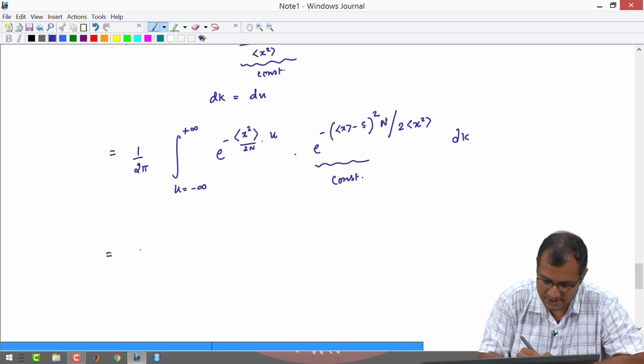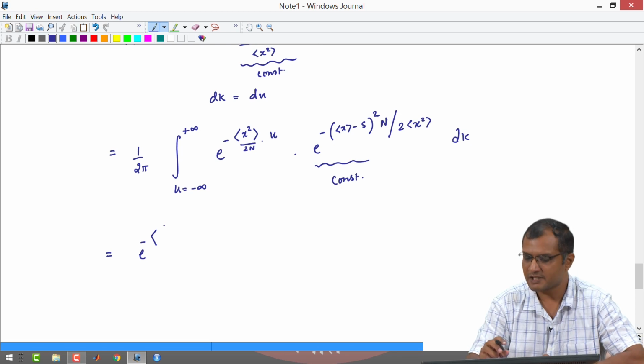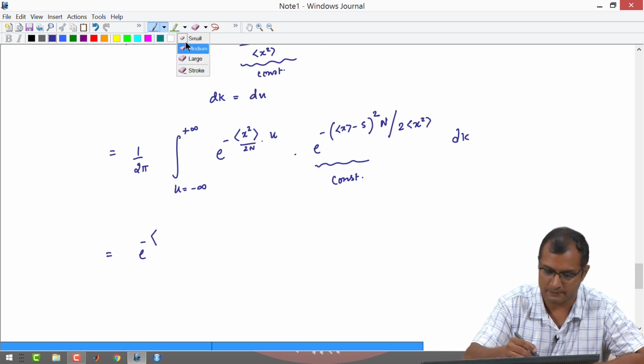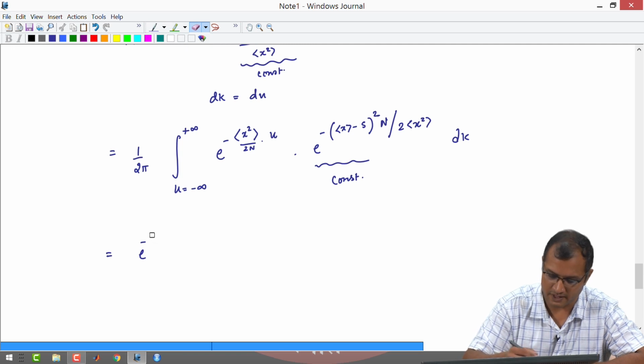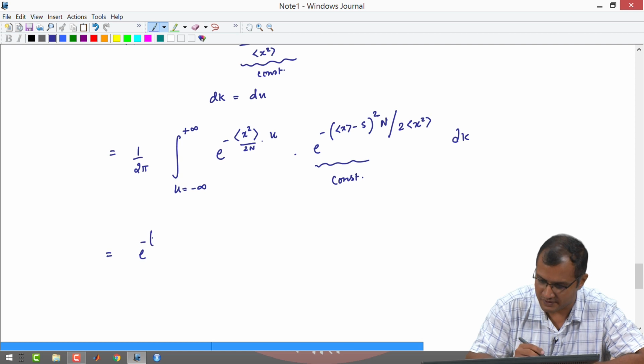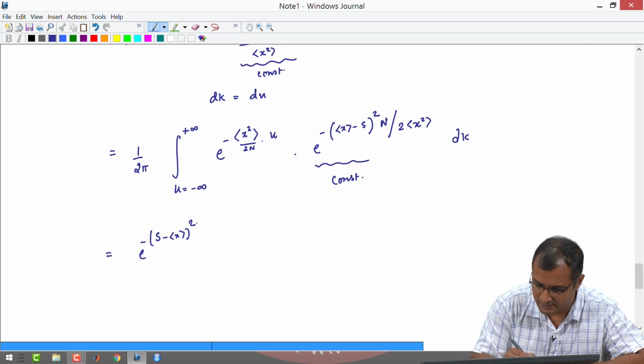So what I will have is basically e raised to minus, and I can write down mod x minus s the whole square as s minus mod x the whole square. Okay, square of a negative number is the same as the square of the positive number. So I can write this as s minus mod x the whole square divided by 2 into x square by n.